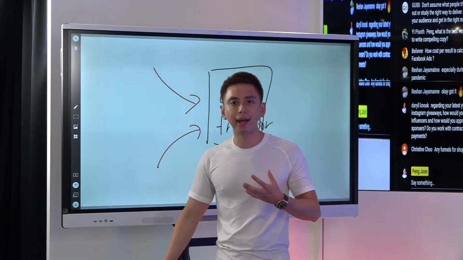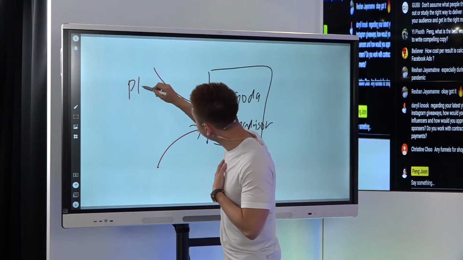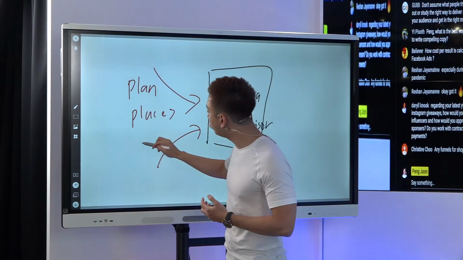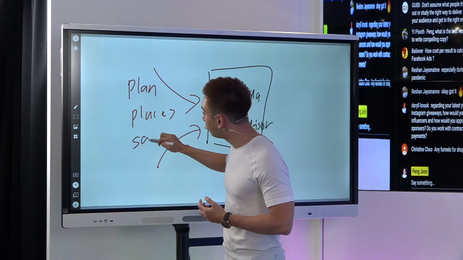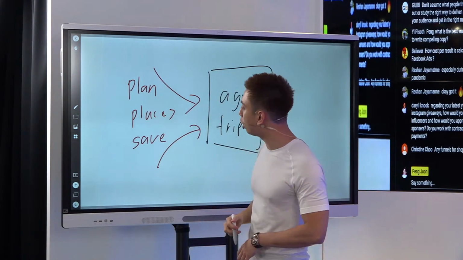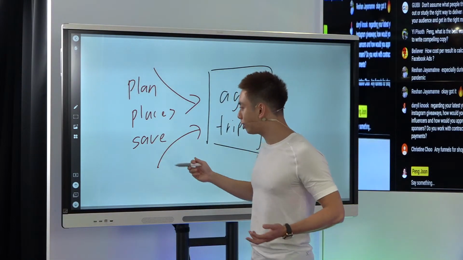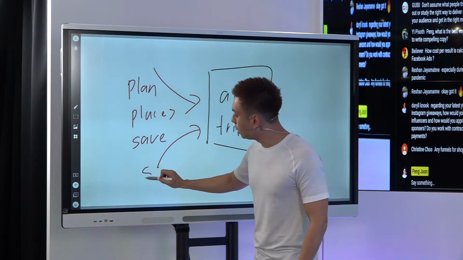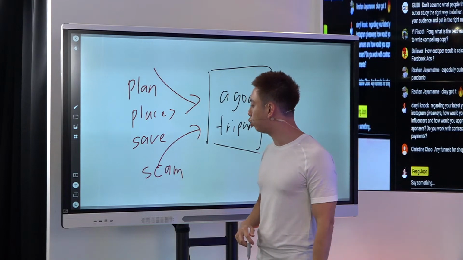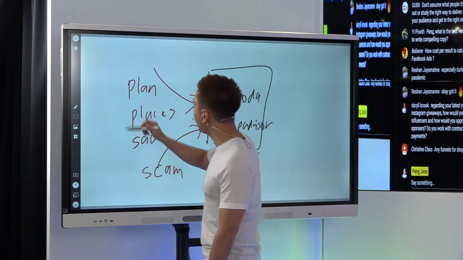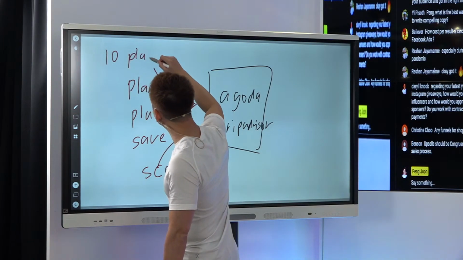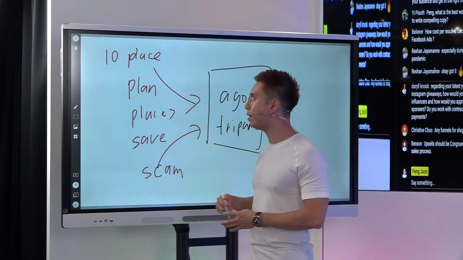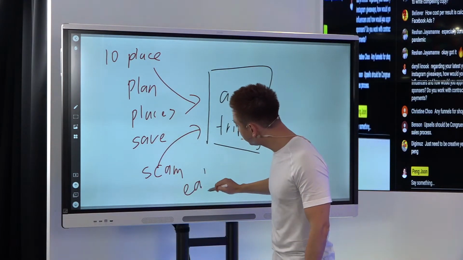So same thing here, right? Am I going to help my people plan their trips better? Top places to visit? Am I going to talk about how they can save money on flights or get even free flights based on which credit card to go with so that they can get enough points and redeem these flights? How to avoid getting scammed from these common tourist traps? Can I create top 10 places to visit in a location, so that if a person is looking for that, places to eat, right?